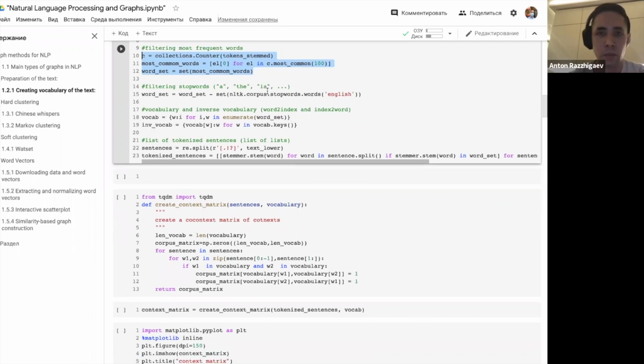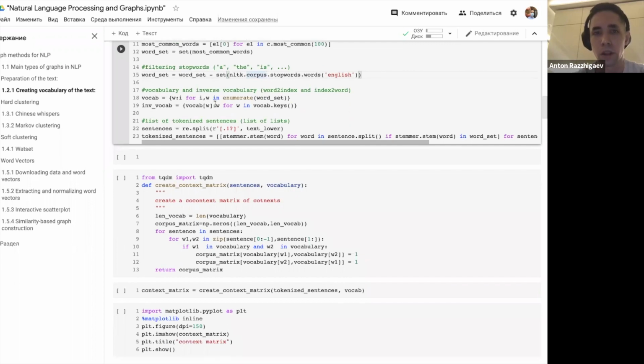Well, the next step is to delete stop words. Stop words are such meaningless words like articles or negations, not. So we can just delete all these words from our text.